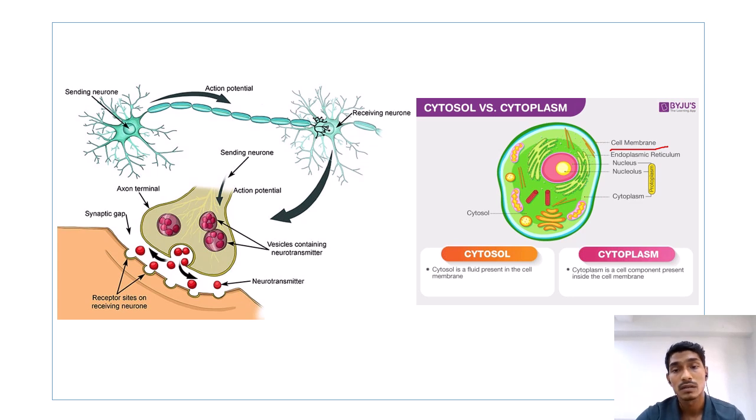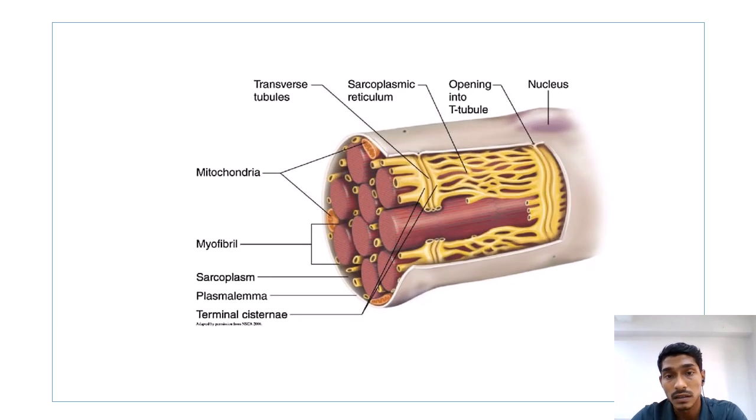Okay, now the sodium is being released. Now the sodium reaches the sarcoplasmic reticulum. What is the sarcoplasmic reticulum? Sodium is being released from here, and will come and enter the sarcoplasmic reticulum.